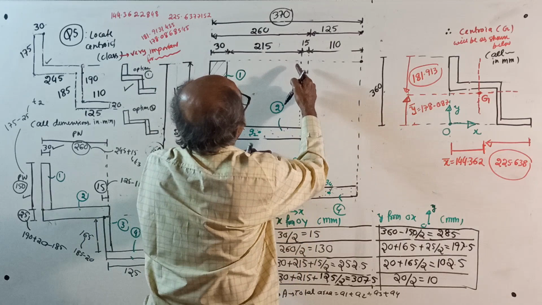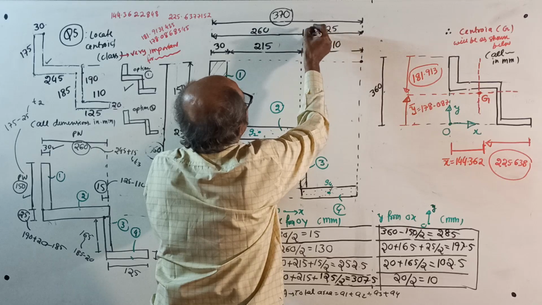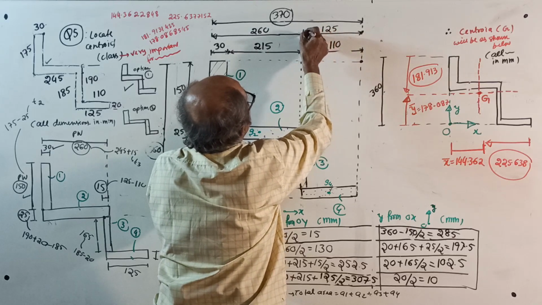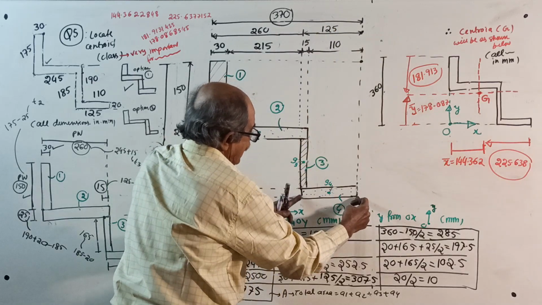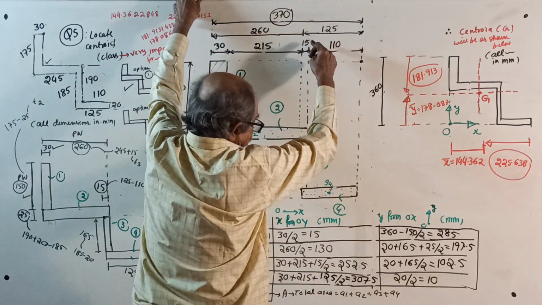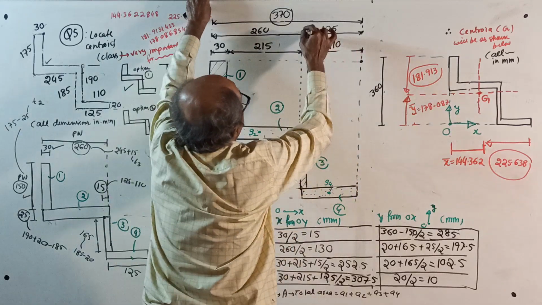See, some mistake there. Oh, up to here. Sometimes some small mistake happens. For this rectangle, how much is this? Not 125. That is 125.